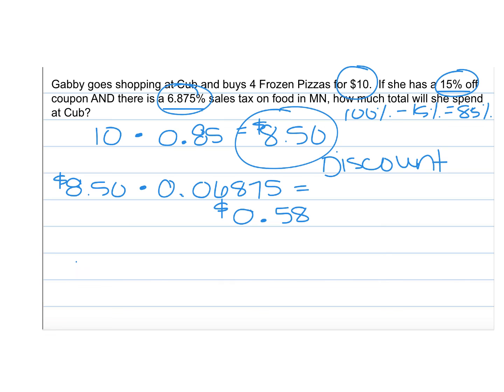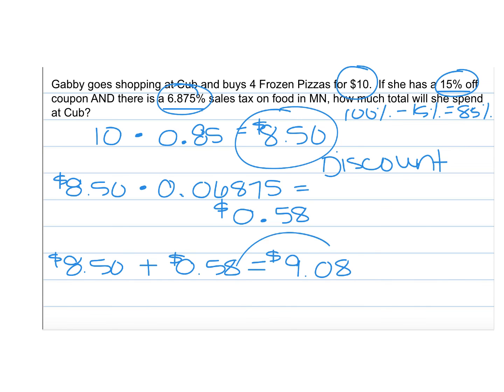So now I'm going to take $8.50 plus 58 cents. And I know $8.50 plus 50 cents is 9, and then 8 cents more, so it would be $9.08 would be my total after the discount and the sales tax.